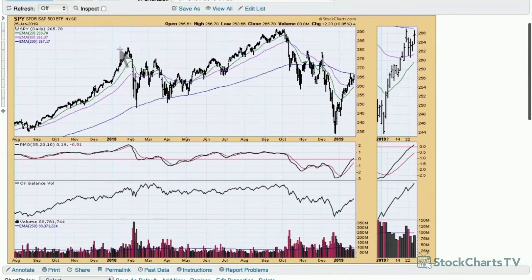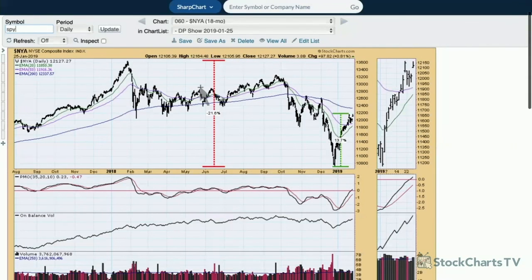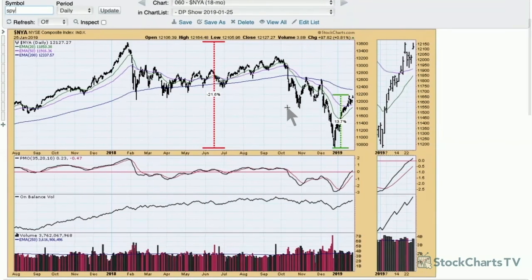We made that high back in January, then had the correction, but when we came back up in October, we beat that high long before. Right. And then the NYA, which we were just looking at, not at all. It never got close. Yeah. The broader market, a bit of a problem.